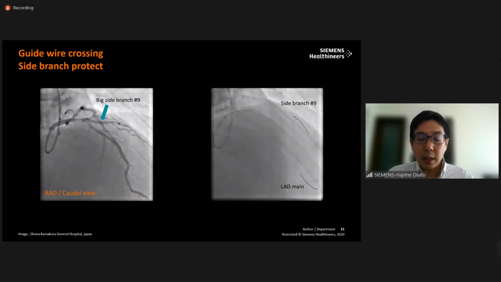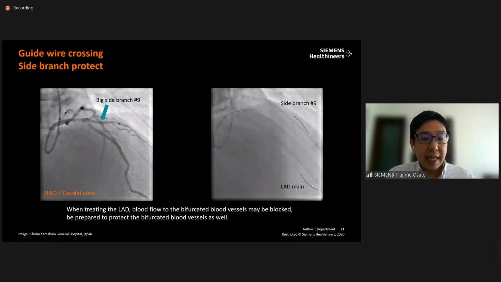When treating the LAD, blood flow to the bifurcated branch vessel, the number 9 branch, may be blocked. Be prepared to protect the bifurcation blood flow as well. So the stenosis part has a bifurcation branch, so we need 2 guide wires: one to protect the side branch, and one for the main branch.